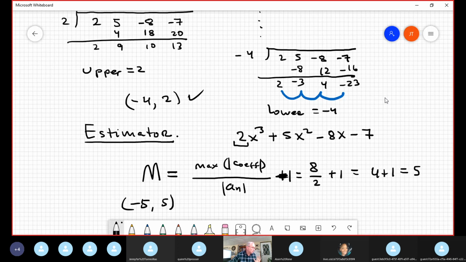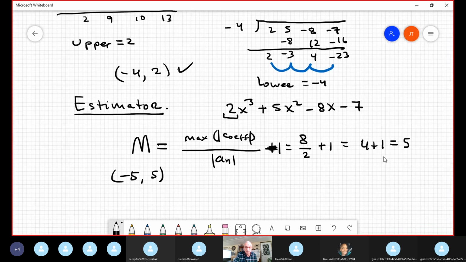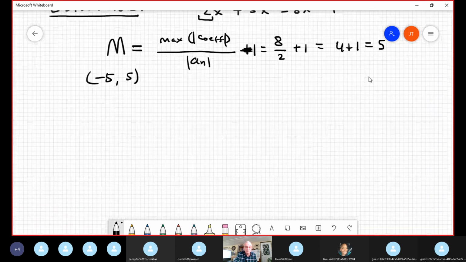Okay, let's do at least one. You have the idea, no? Suppose 41. 41 is x to the 4th power plus 2 x to the 2nd power minus 3.